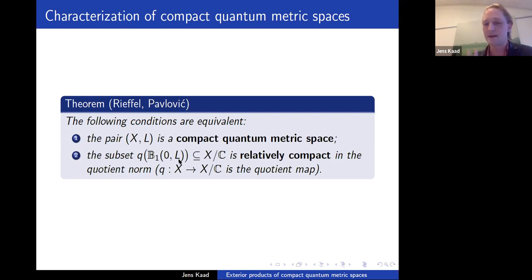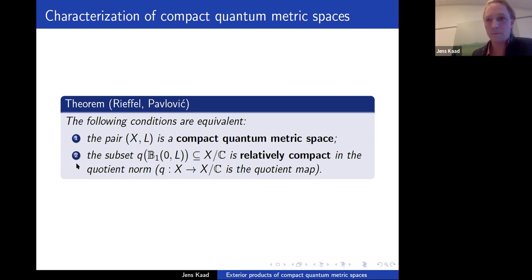So this subset has compact closure. The subset I'm looking at is the image of the Lipschitz unit ball under the quotient map. What you usually do in practice is check the second condition. This is the only one you can check in practice.